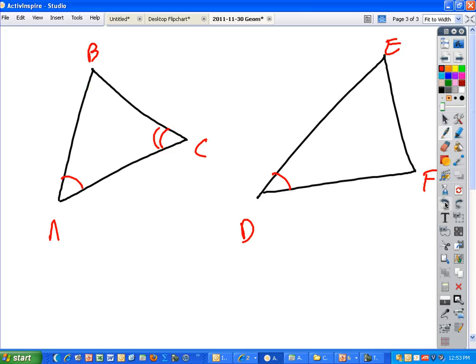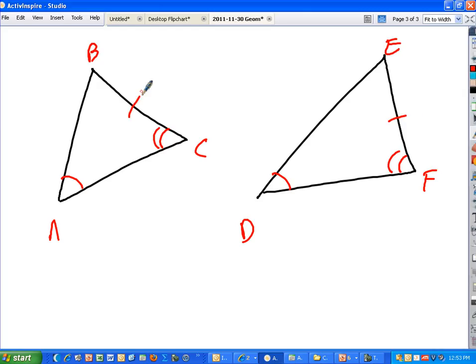Okay, how about this one? What would be the reason for that one? Angle, angle, side, right? AAS. That makes sense?